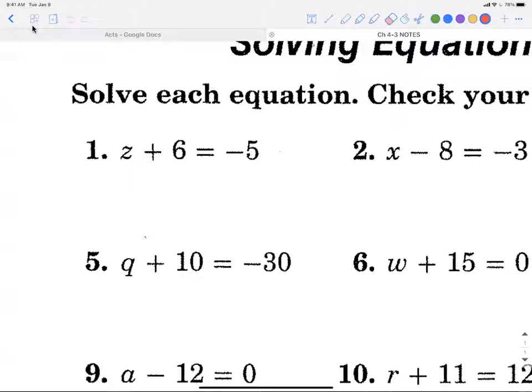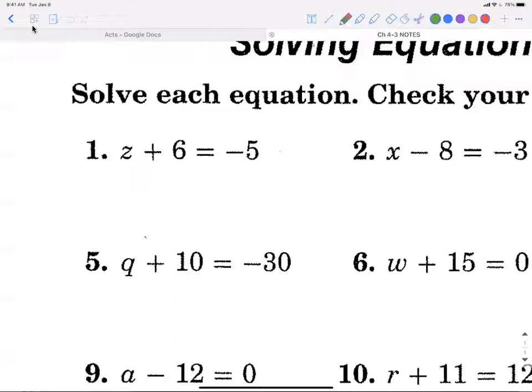The way I always do it, and I really encourage you to do this, even though these examples are the most basic equations, is to think of your equal sign as a scale. I'm going to draw this once and then erase it.